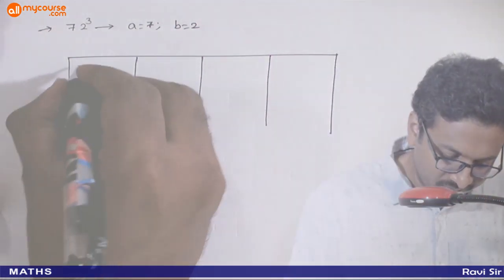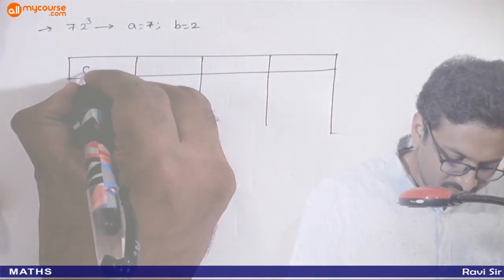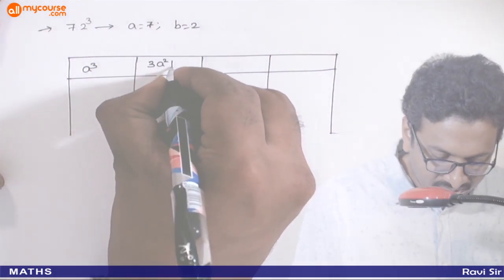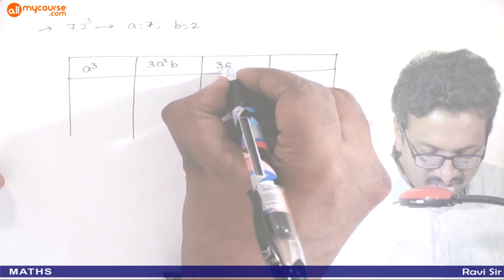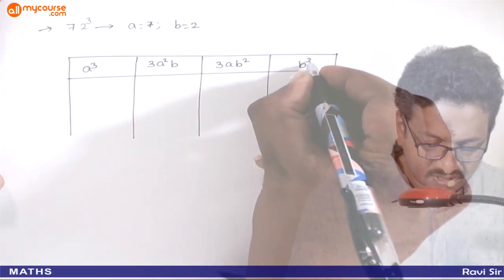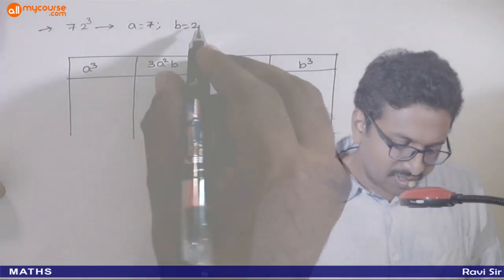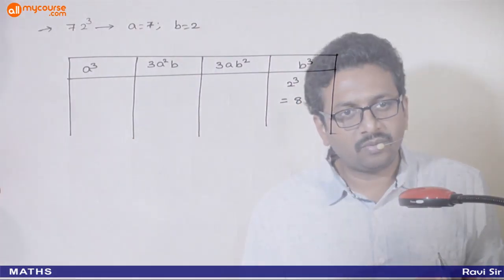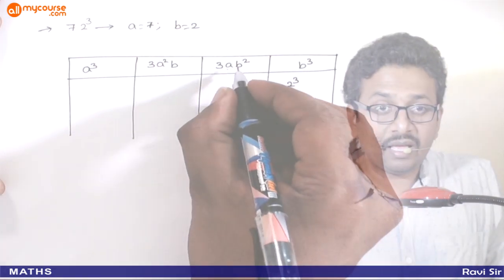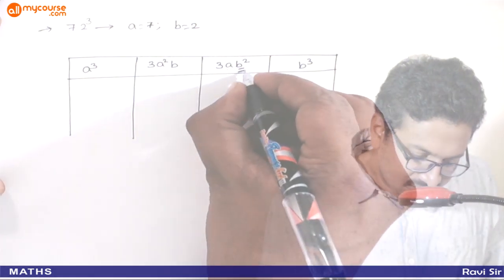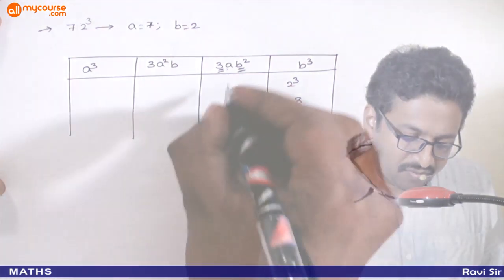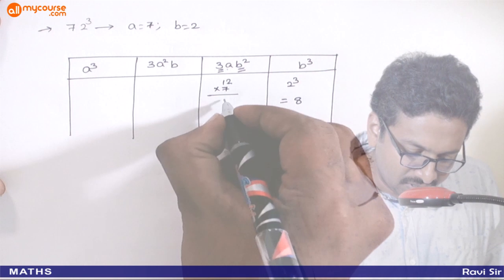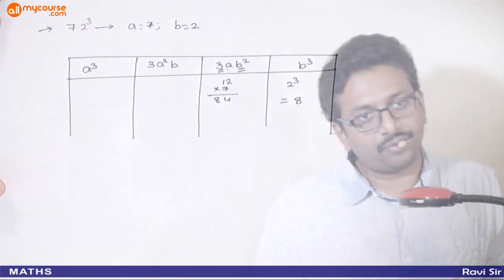First column is a cube, next column is 3a square b, next column is 3ab square, next column is b cube. What is b cube? 2 cube is equal to 8. For 3ab square, b square is 4 into 3 is 12, and 12 into 7 is 84.